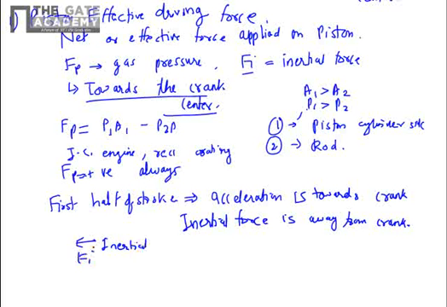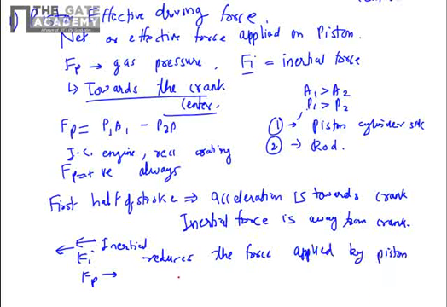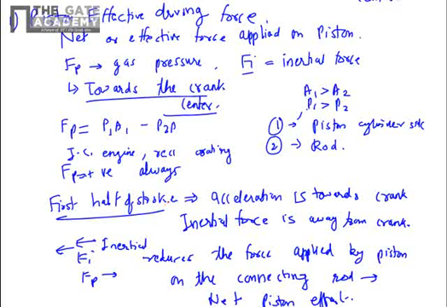So Fi is in opposite direction to the Fp. So hence Fi reduces the force applied by piston on the connecting rod. So that this is called the net piston effort, which is the topic of present discussion. So this quantity is reduced during the first half of the stroke.